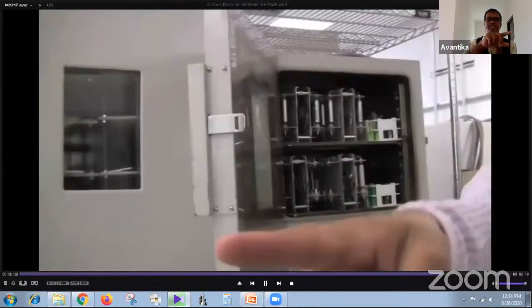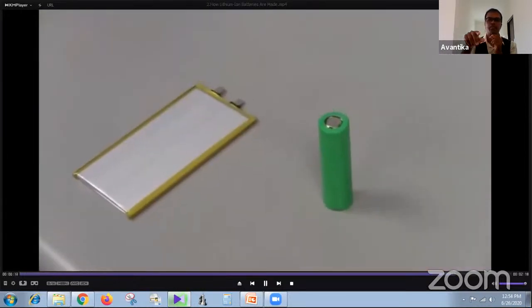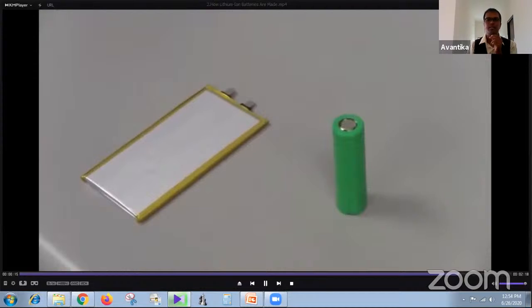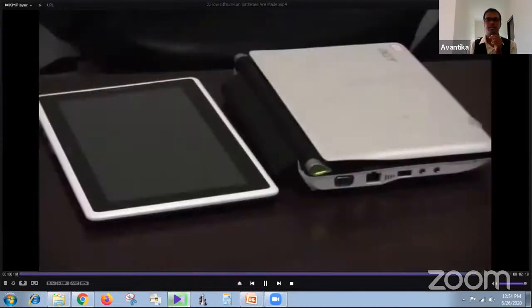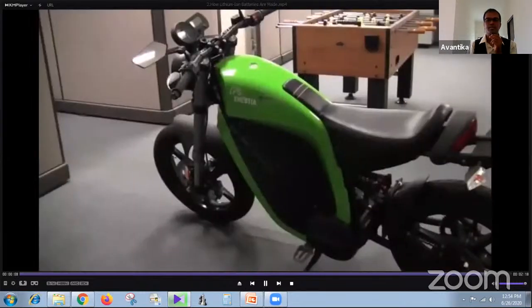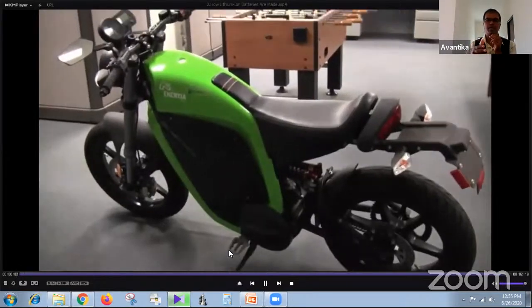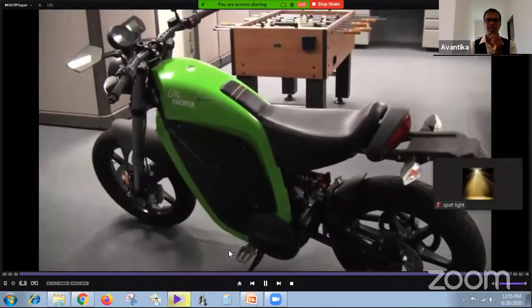This is the testing chamber, so finally they can put it for the testing. By using this kind of battery, they can use it for different applications, like bikes and cars also.